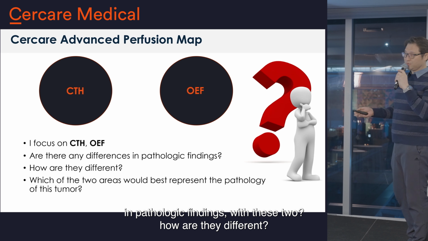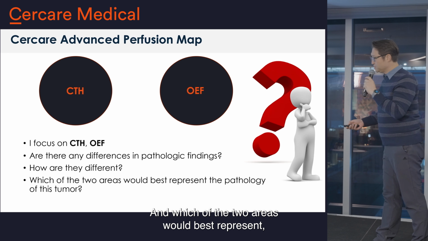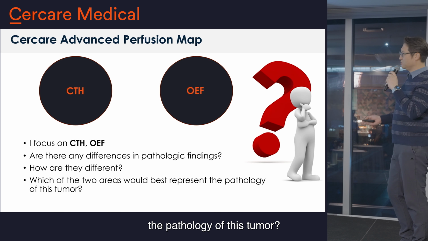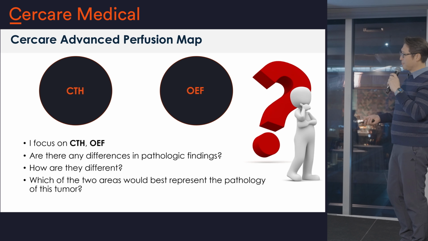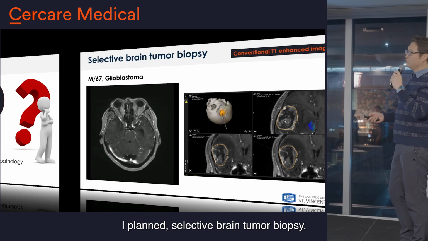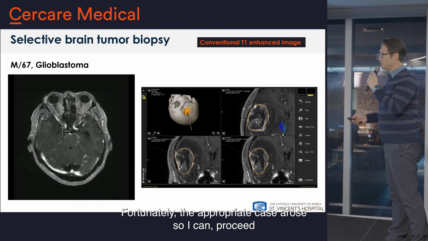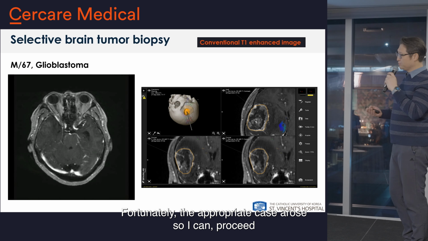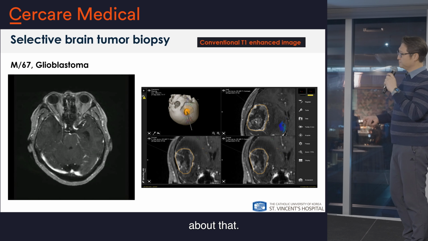How are they different? And which of the two areas would best represent the pathology of this tumor? I planned a selective brain tumor biopsy. Fortunately, the appropriate case arose, so I could proceed.